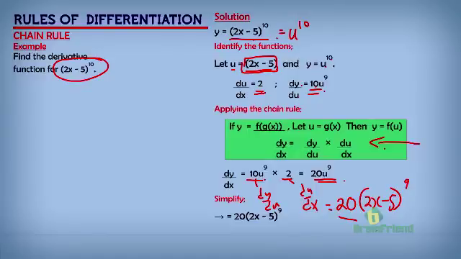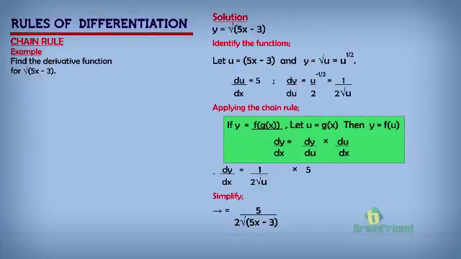We can leave our answer in this way, or we can multiply it out. But however we do it, our derivative is 20 multiplied by all bracket 2x minus 5 all raised to power 9. Let's take a look at another example.